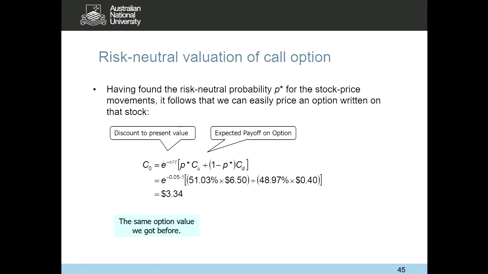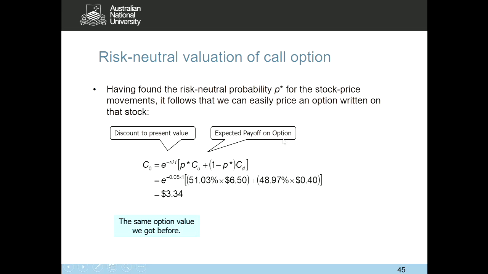And then we also know that if the share price goes up to 13.50, then our call option would make a positive payoff of $6.50, right? And if the share price goes down to $7.40, then the call option makes a positive payoff of 40 cents. We then use the risk-neutral probability to work out the probability-weighted average of that.